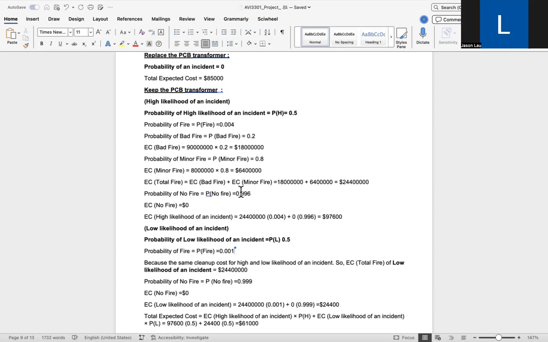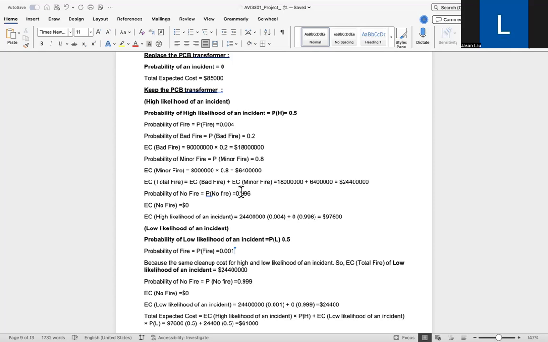The expected cost of the no-incident branch is 24.4 million times 0.001 plus 0 times 0.999, so we get 24,440.